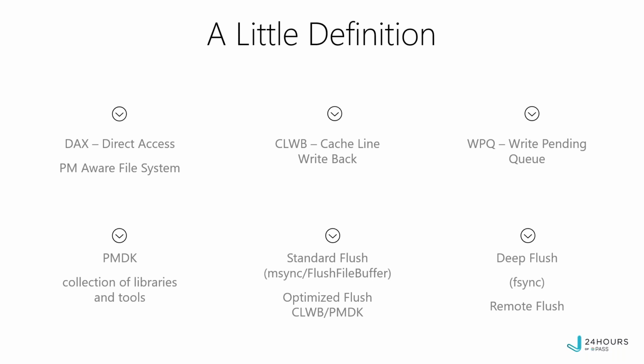And we're going to see if an application is not aware of persistent memory, but we have a file system that is, we can start using some different options there. There is a lot of differentiation between standard, optimized flushes, and obviously deep flush is another one.